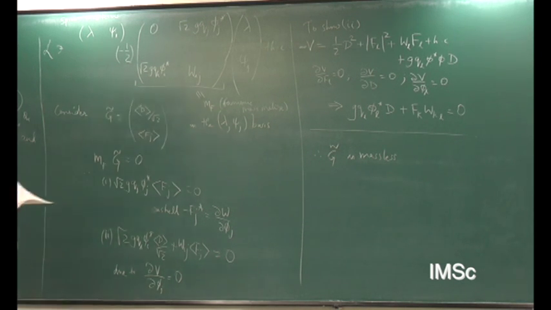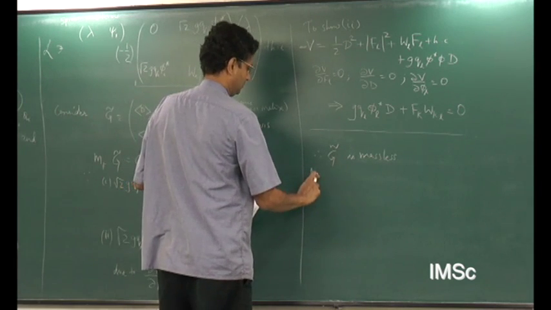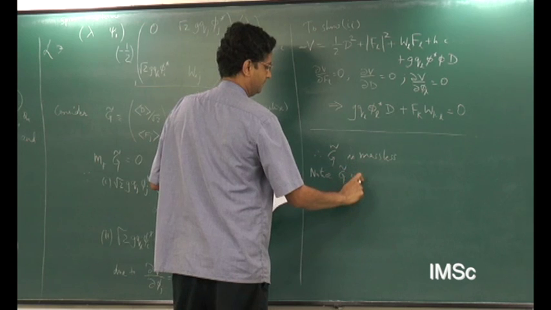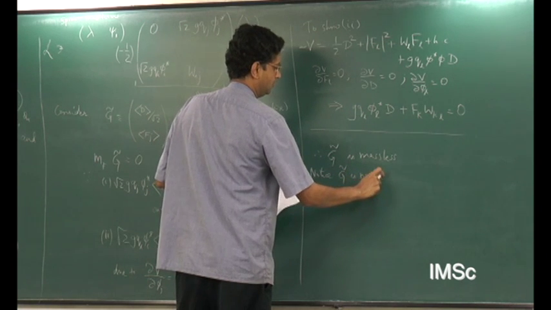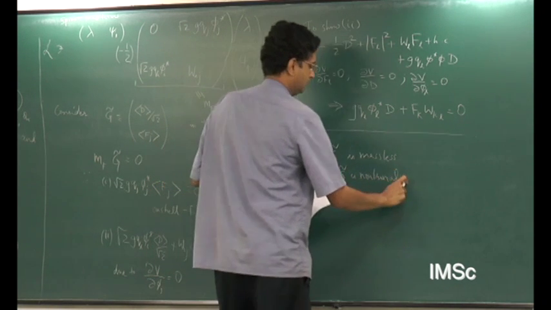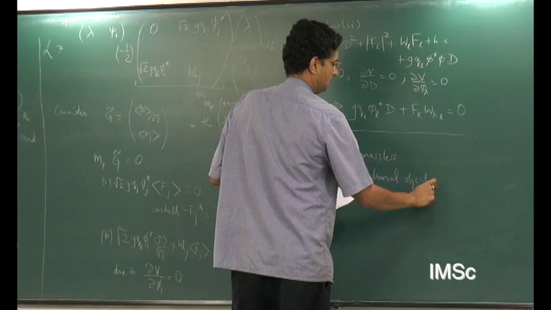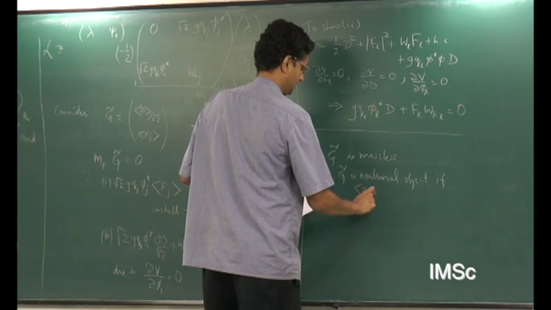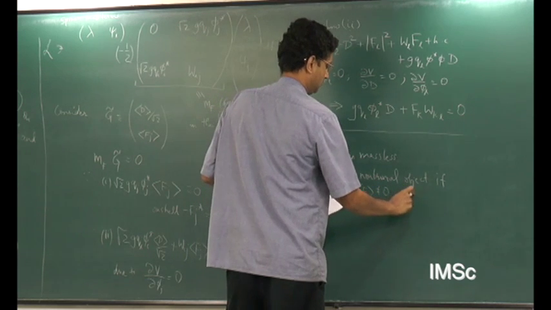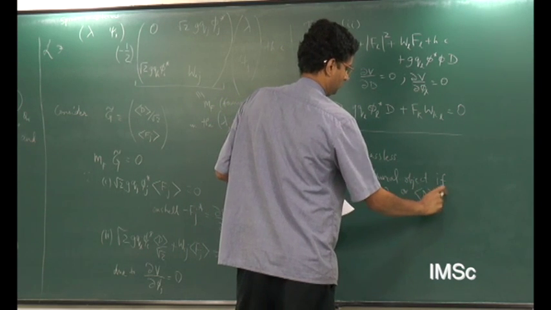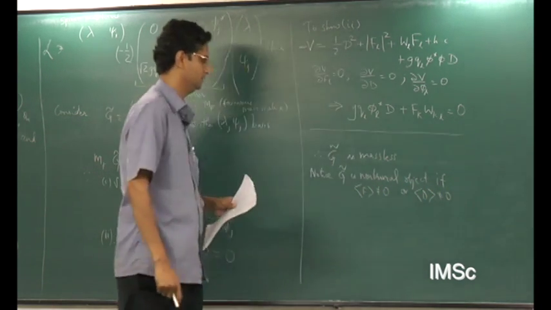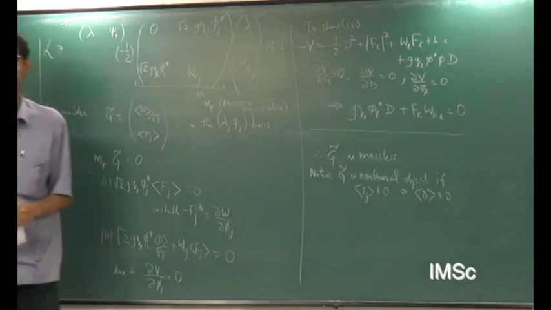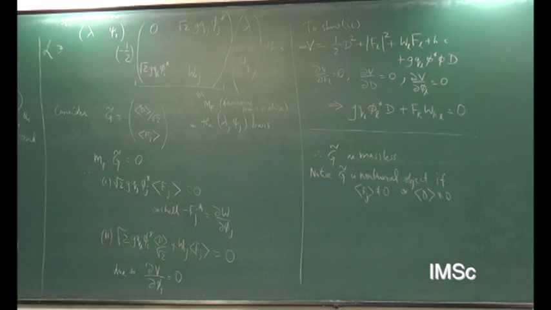Okay, so notice G twiddle is some non-trivial object, F_j is non-zero or D is non-zero.